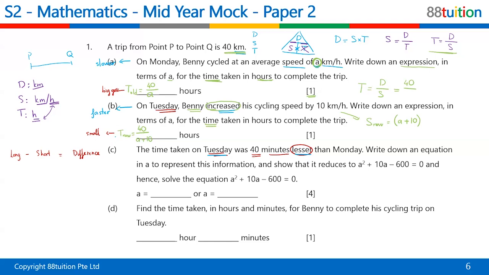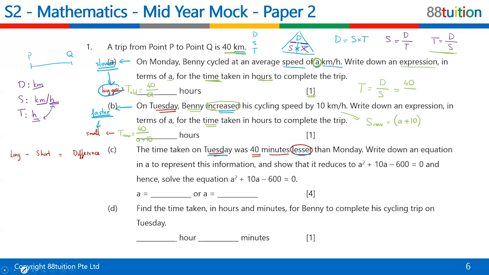You go faster, your time is smaller. So this is how to identify which time minus which time, okay? Because sometimes you minus the wrong one, you will have a slightly different equation, then you cannot solve. So just be careful. Faster speed, smaller time. Slower speed, longer time.